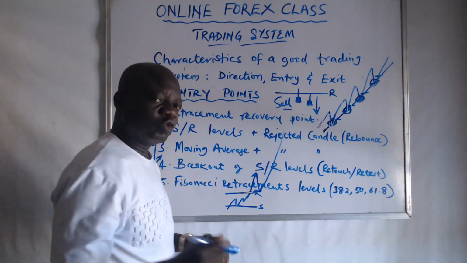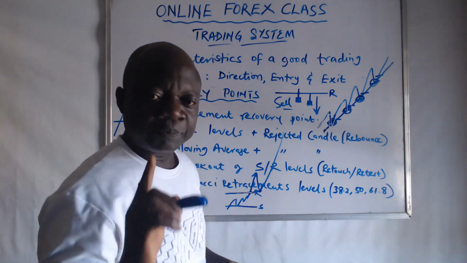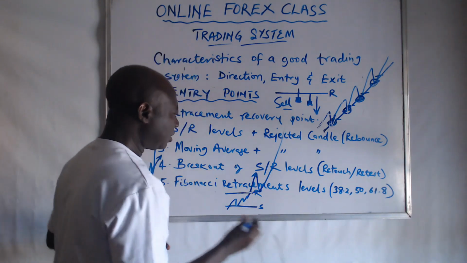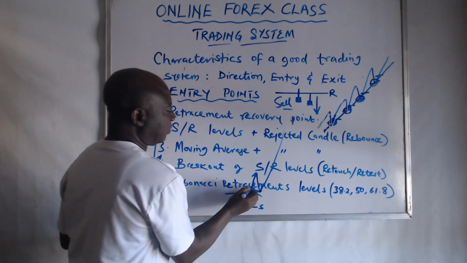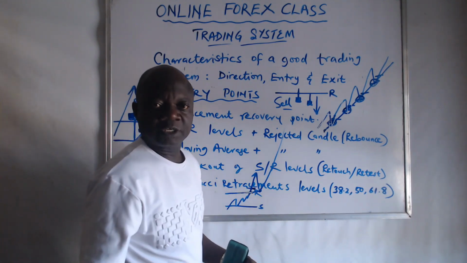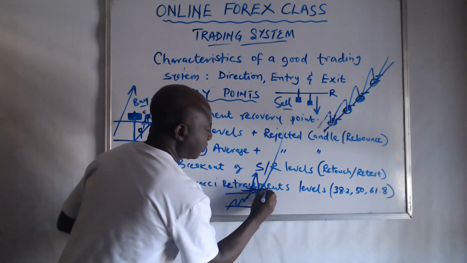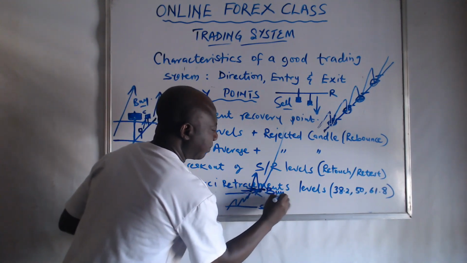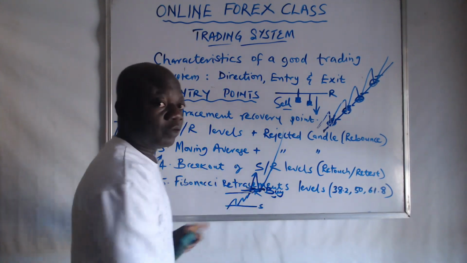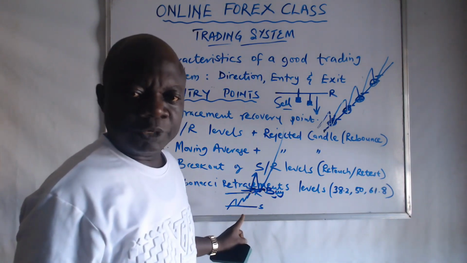Now what you need to do is, immediately it breaks out around this place, like maybe 5 pips above that level, I want you to enter buy. In this example now, we are looking at a buy trade.